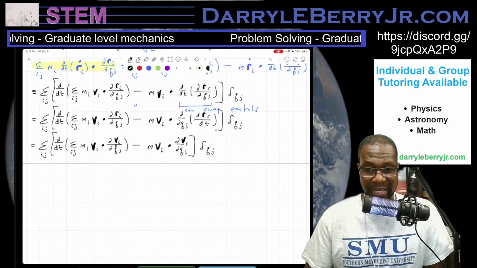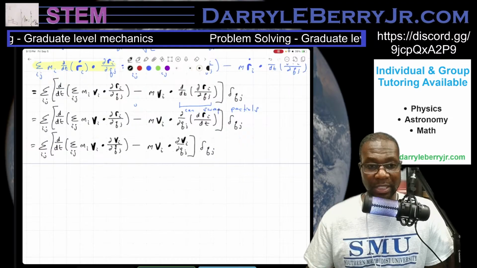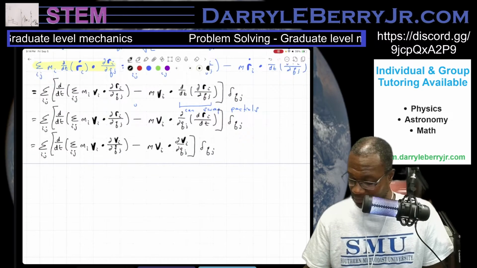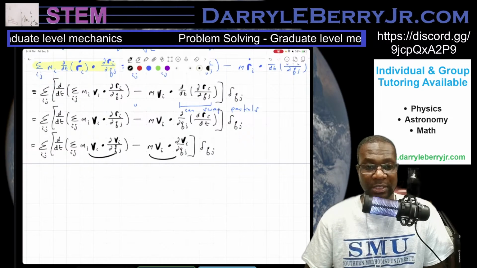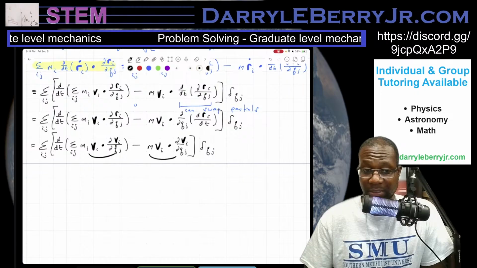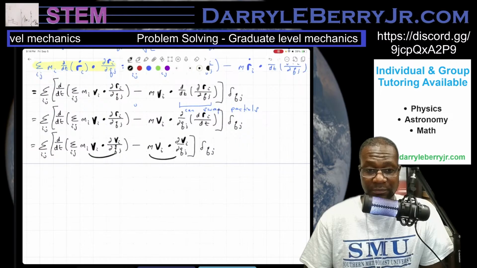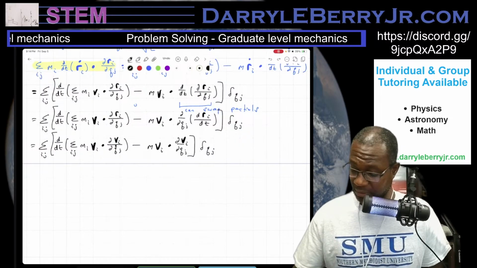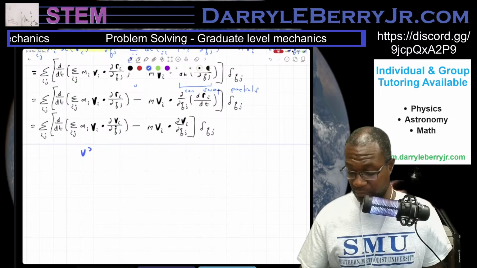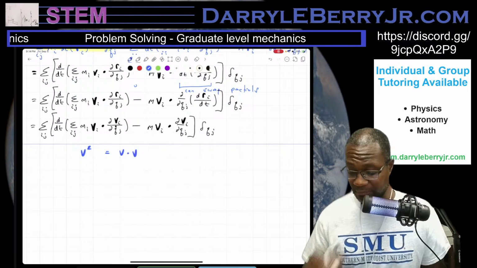Another thing that we can recognize, and I won't write this one out in detail, is that the dot products that we have here and here end up extrapolating out as kinetic energy, as mv squared. So if we were to take the derivative of mv squared, I guess if I was to put it simply, we can say that v squared equals v dot v.